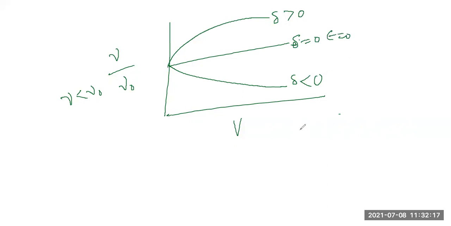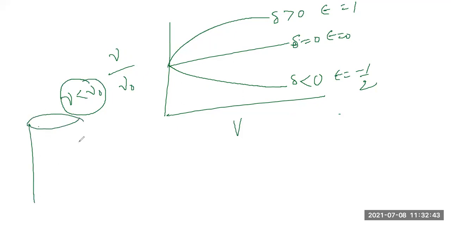I hope all this is clear. Epsilon can be here half, less than 0, epsilon is 1, greater than or equal to 0. This graph shows the change in gas phase volumetric flow rate down the length of the reactor. We were looking at the flow rate as the reactants are moving down the length of the reactor, in this direction.